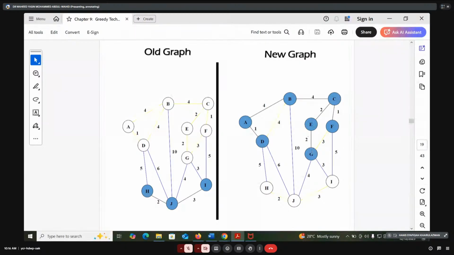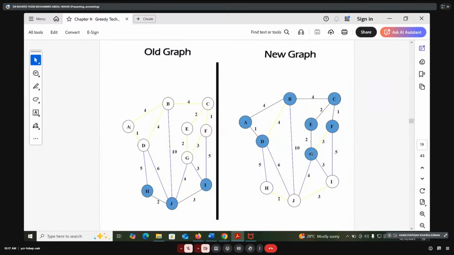Okay, now here J to F 3, but it will be a cycle, so I will ignore 3. I will go here G to I 1, G to I 3, G to 4, 4, B here is 10, and 5 and 6.